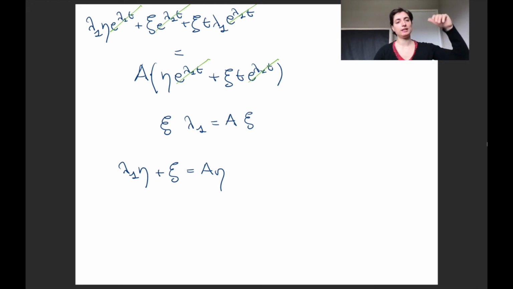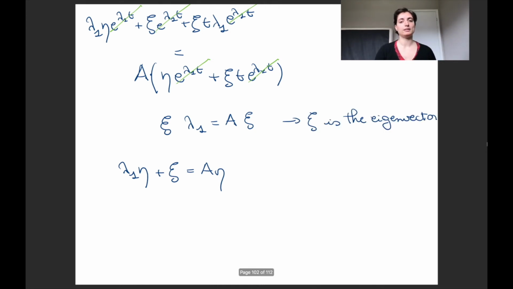So t does not appear in the first two elements, nor in A times eta. So we have lambda 1 eta plus xi equals A eta. And t appears in xi t lambda 1 equals A xi t. We don't consider t anymore, so we have xi lambda 1 equals A xi.